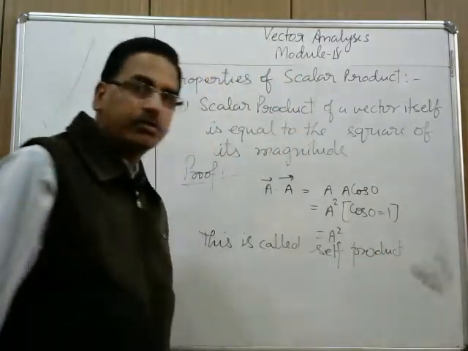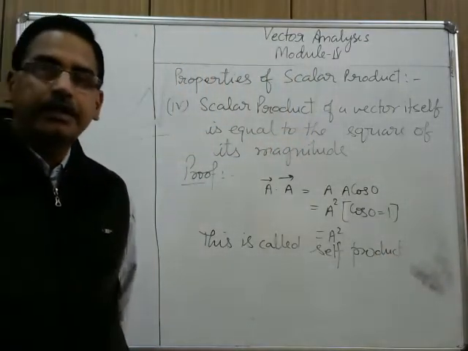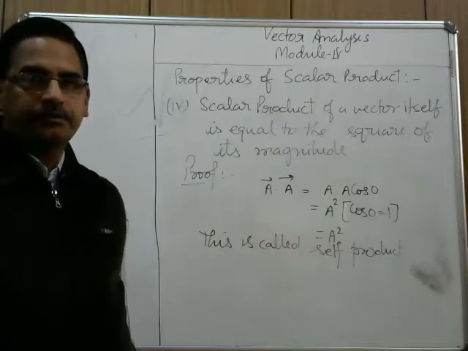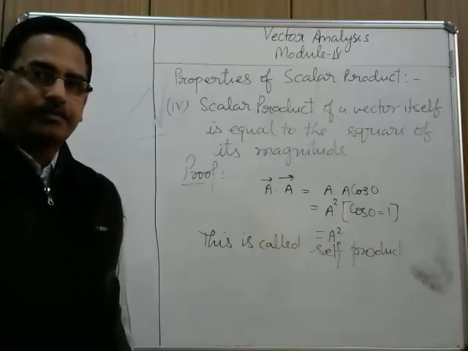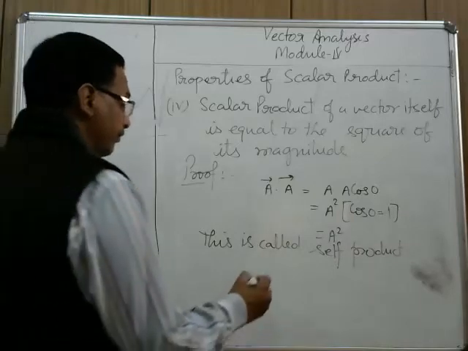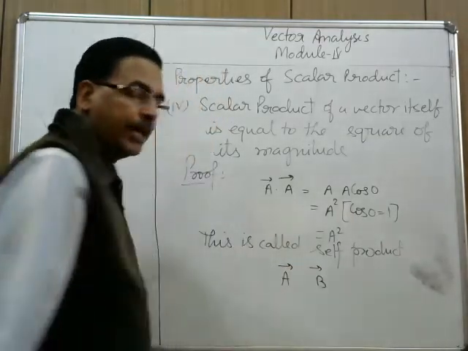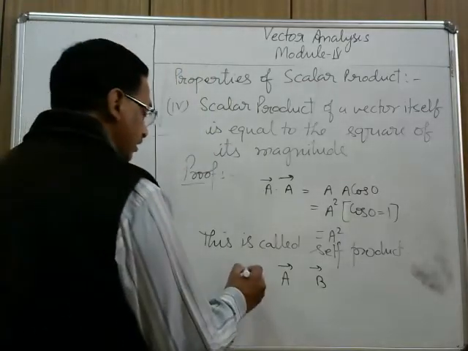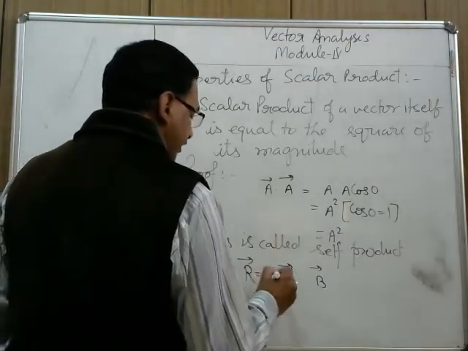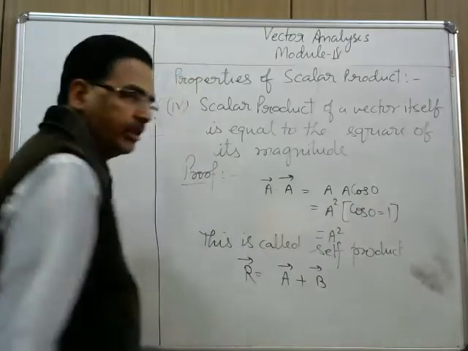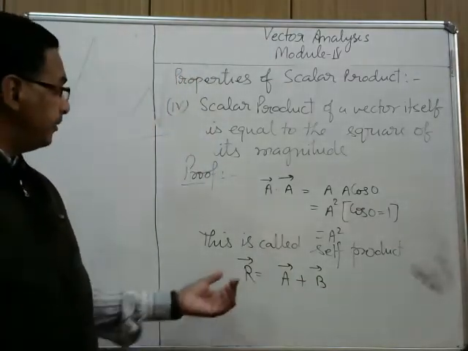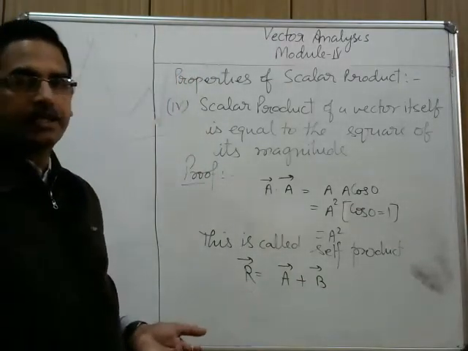and it is used for finding the resultant of two vectors. Suppose there are two vectors, vector A and vector B, and we have to find their resultant. So resultant vector R will be given by vector A plus vector B. Now what will be the magnitude of this resultant vector?